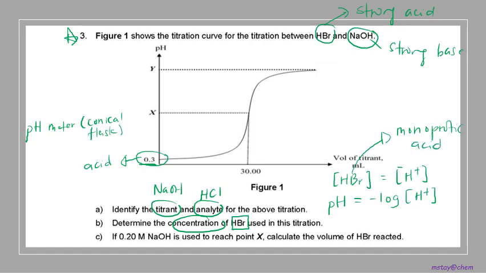So now we have the pH value 0.3 equal to negative log concentration H plus. When we anti-log negative 0.3, we will get the concentration for the HBr.